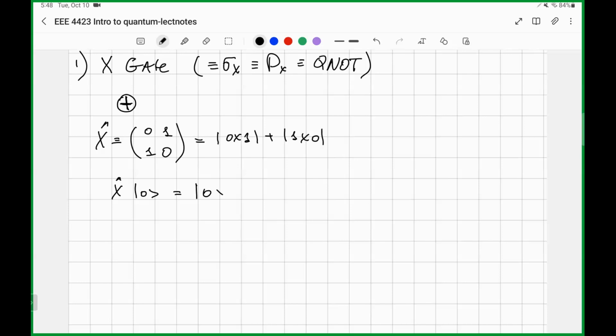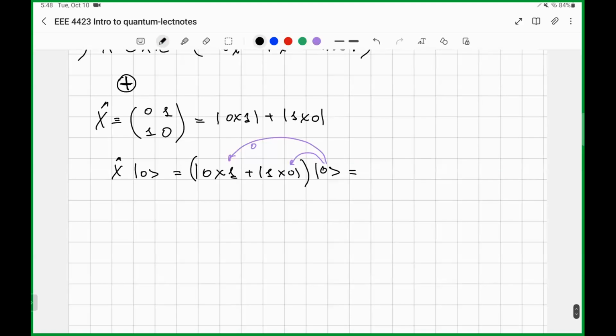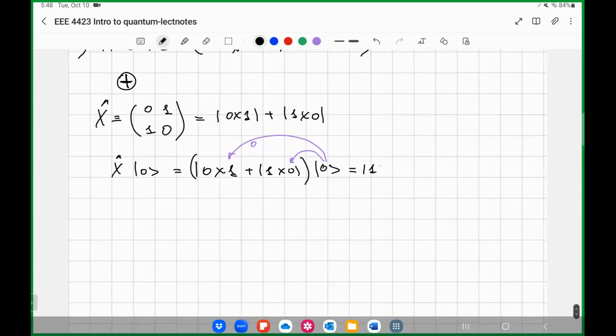I act on state 0, so this one is 1, this one is 0. So I get the state 1.